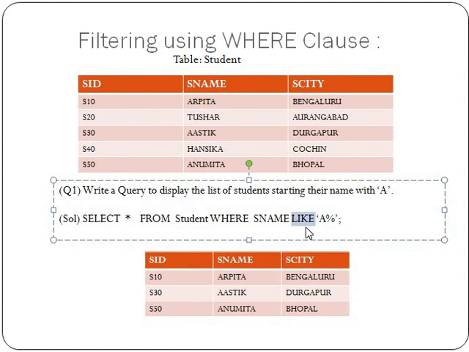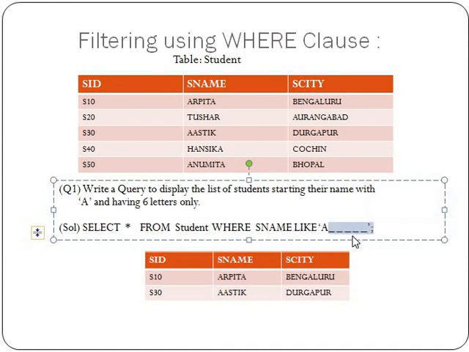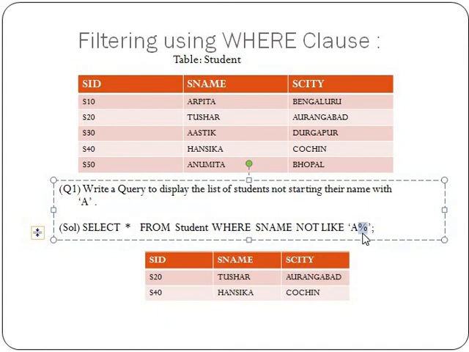The like operator is going to retrieve those records in the output table which match a specified pattern, and the not like operator is going to retrieve those records in the output table which do not match a specified pattern. You can even use these wildcard characters, that is underscore and percentage, in conjunction with the pattern matching operators like and not like.